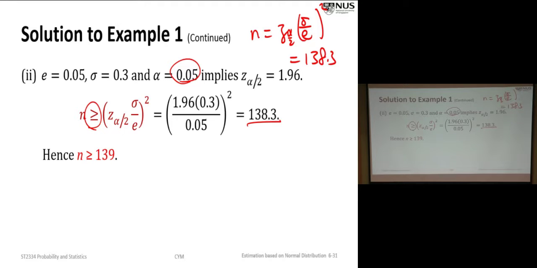All right? So that's why I want to keep this greater or equal to this expression. N is greater or equal to this expression, so I have to find an integer greater than this number, 138.3. So the answer is 139. Not 140, not 141, because I want the smallest possible. All right?